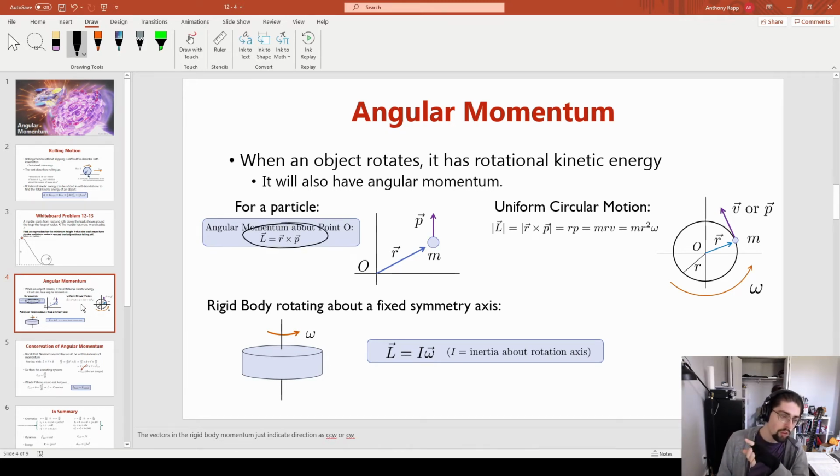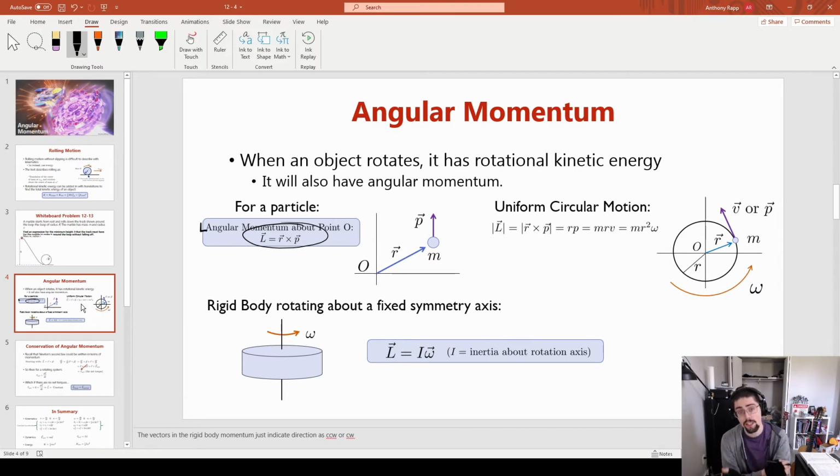First, we use capital L to indicate angular momentum. This is for a point mass moving relative to some radius.